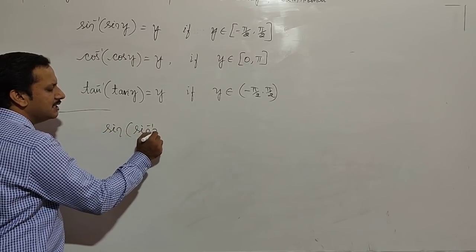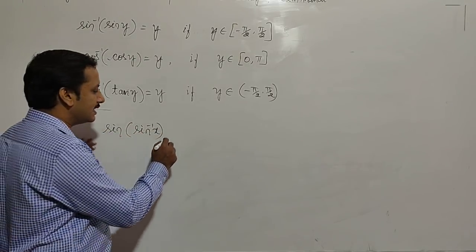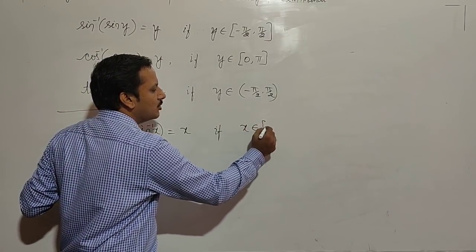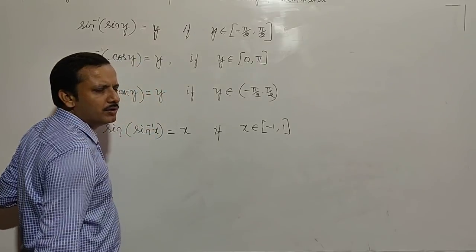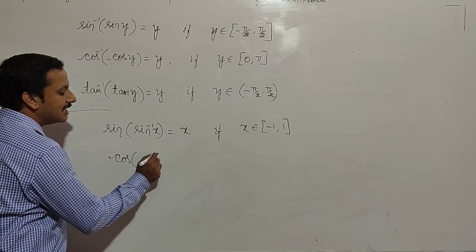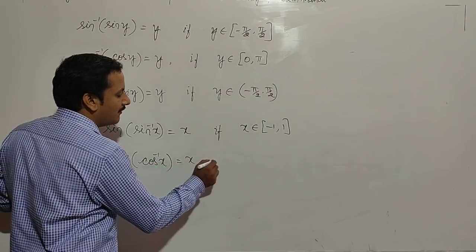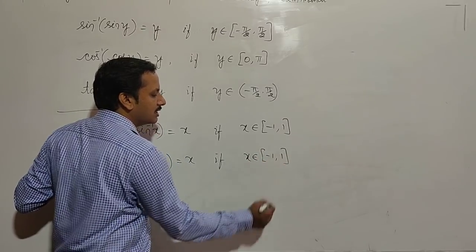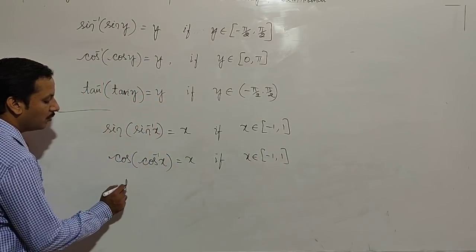Sin of sin inverse x is equal to x if x lies in the closed interval minus 1 to 1. Cos of cos inverse x is equal to x if, again here also, x lies in the closed interval minus 1 to 1.